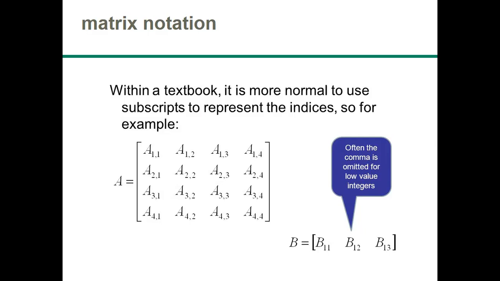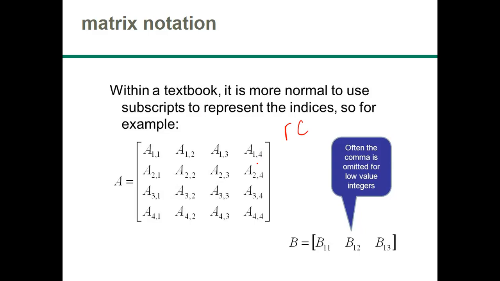This is element A11 or A1,1. This is element A12 or A1,2. That tells me the row it's in and the column it's in. So I'm in row 1, column 1; row 1, column 2; row 1, column 3; row 1, column 4. That's how you read elements in a matrix.